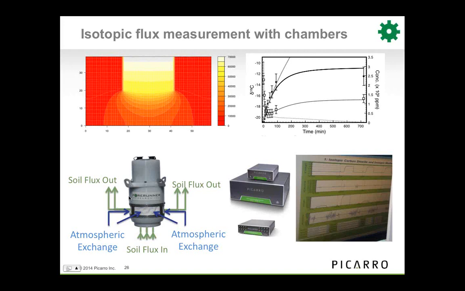Another question is, what's the magnitude of isotopic bias in other chambers compared to the ISO-FD? What we've simulated in other chambers, and what some people have measured, including us, is an isotopic bias anywhere between 0 and 10 per mil.